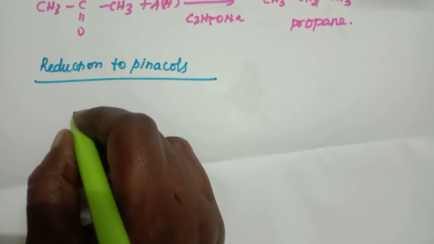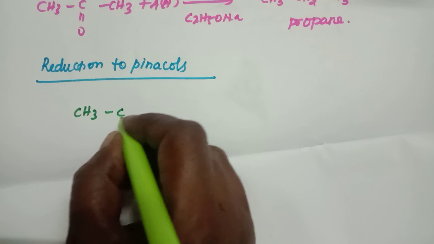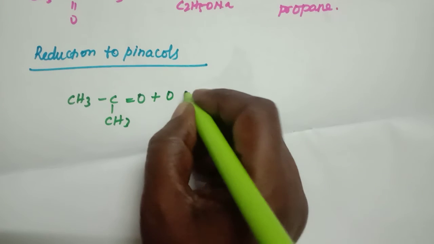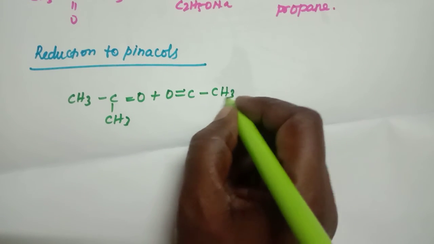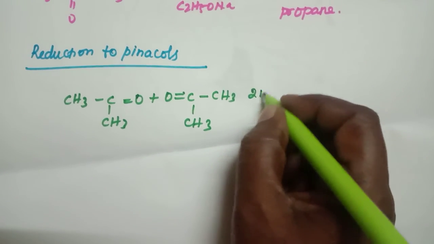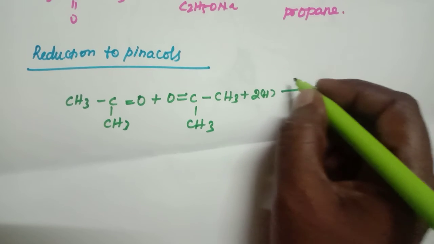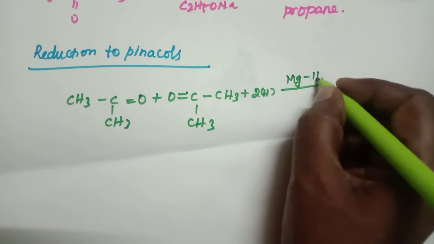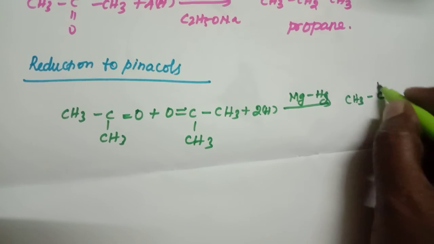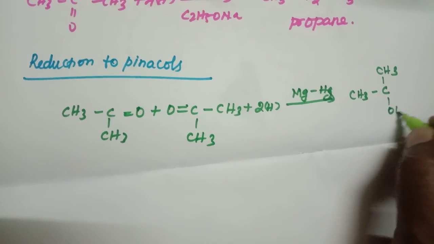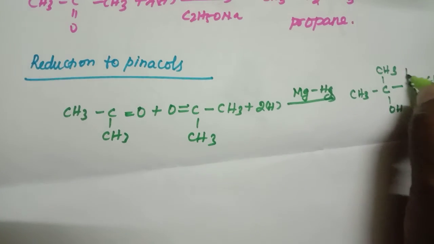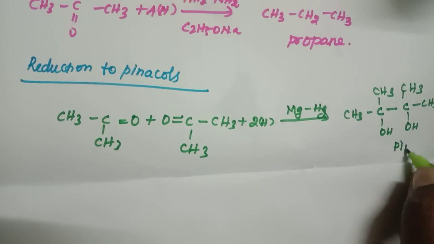For example, acetone, CH3 C=O CH3, this is the ketone, undergoes reduction with magnesium amalgam and gives pinacol, CH3 C(CH3)(OH) C(OH)(CH3) CH3. This is called pinacol.